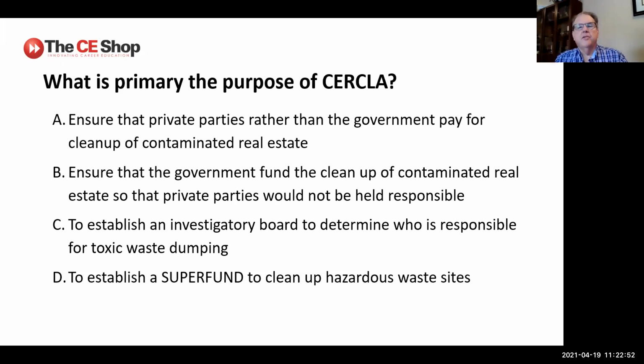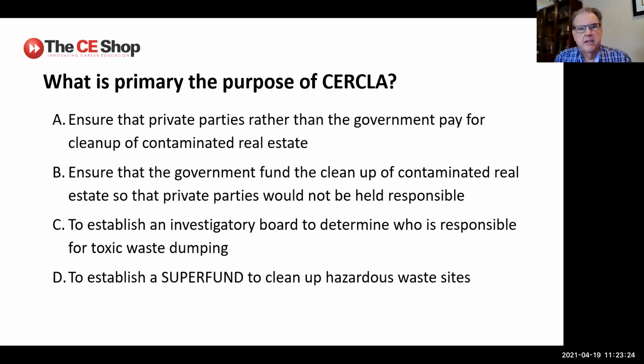Superfund deals with the most hazardous sites in the United States. And CERCLA basically says the EPA, Environmental Protection Agency, is supposed to identify these hazardous sites, and the owner or a previous owner or a tenant or a user of that site is responsible for the cleanup.